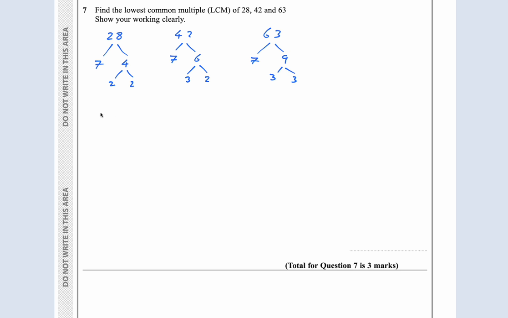Okay, so that gives me 28 equals 7 times 2 times 2. 42 equals 7 times 3 times 2. And 63 equals 7 times 3 times 3. My Venn diagrams, let's try and draw them here.